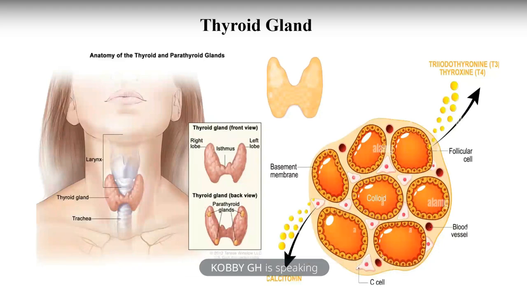So I can ask you a question like, what's the location of the thyroid gland in relation to the larynx? Then A, I'll write below the larynx. C5 and T1. Then D, anterior to the trachea. Someone will think that the answer is anterior to the trachea.